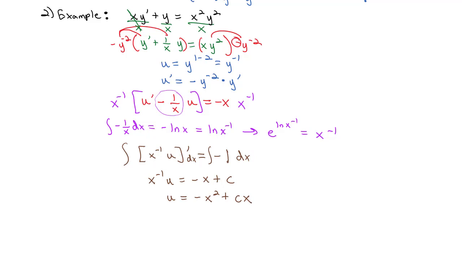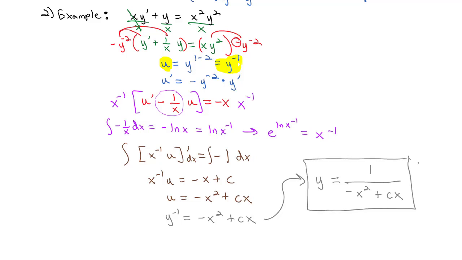We're now ready to make our substitution back to y's. We know that u is equal to y to the negative 1. So y to the negative 1 equals negative x squared plus cx. And since y to the negative 1 is just a reciprocal, we can flip both sides over, and we get y is equal to 1 over negative x squared plus a constant times x.